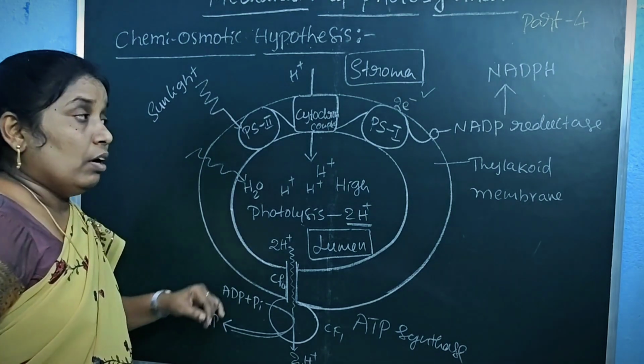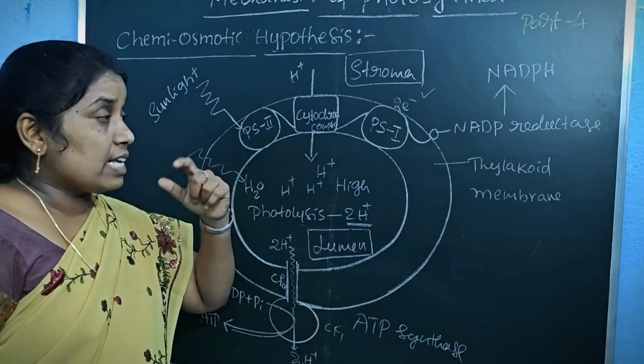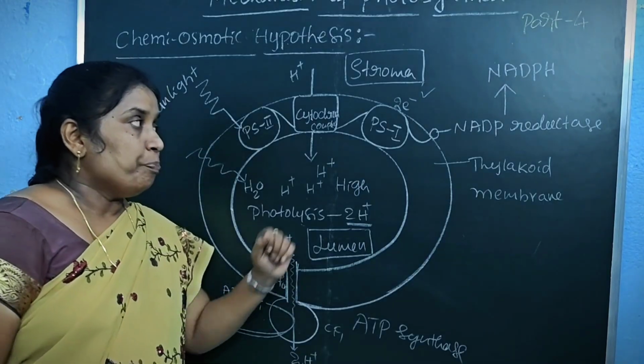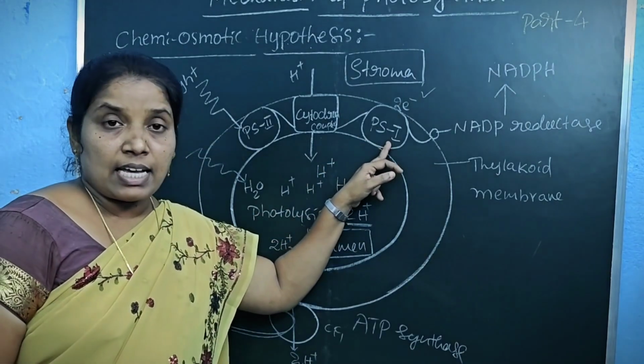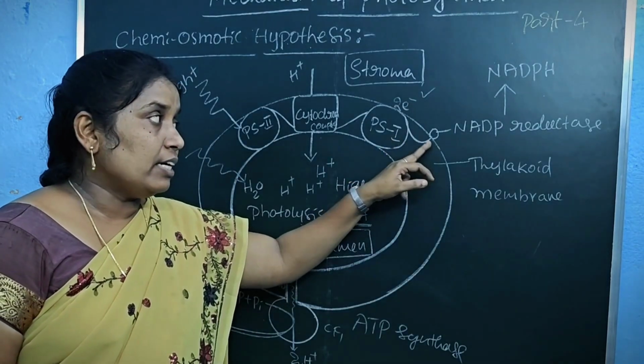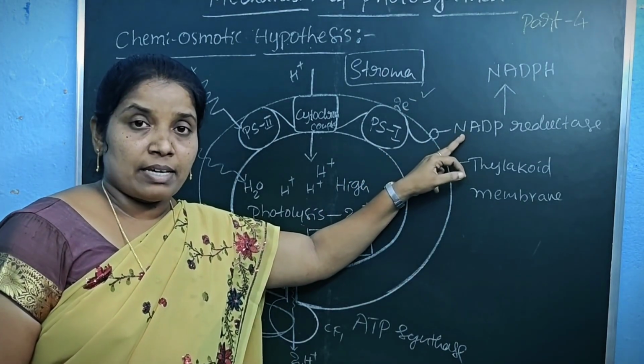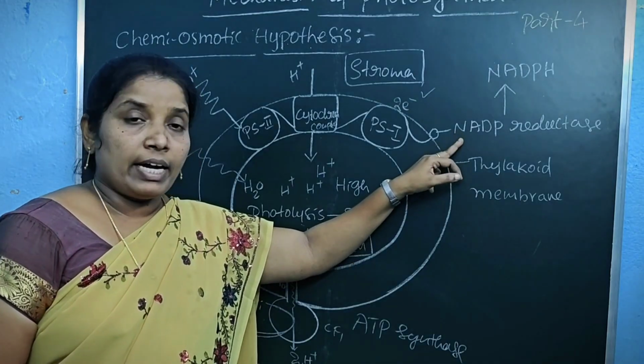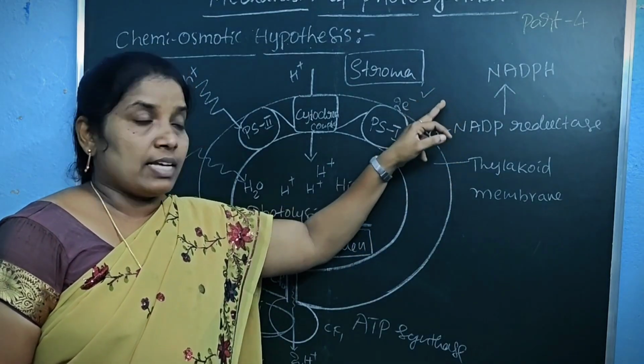Now the second important thing: PS1 releases electrons. They move to ferredoxin and then to the NADP reductase enzyme complex, which is located near the stroma side.